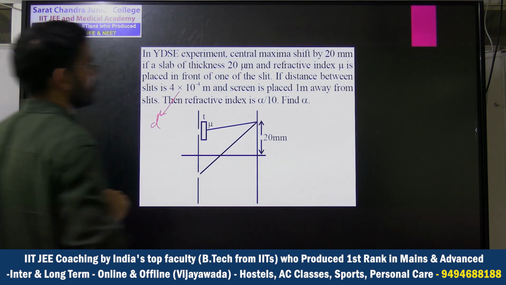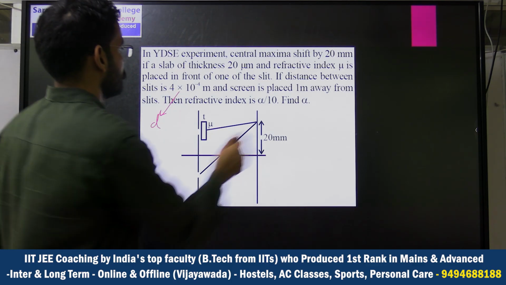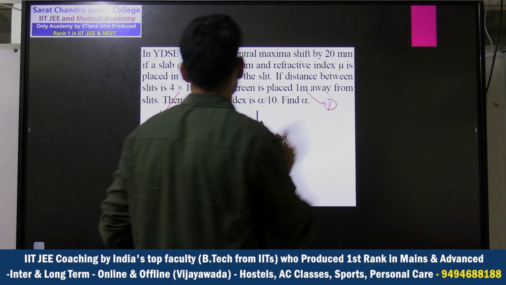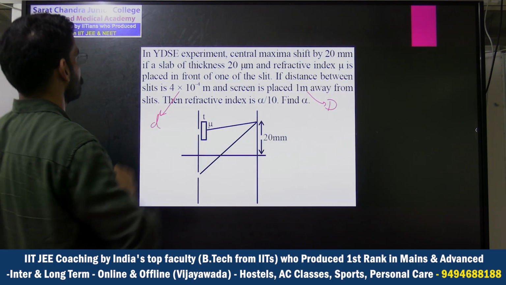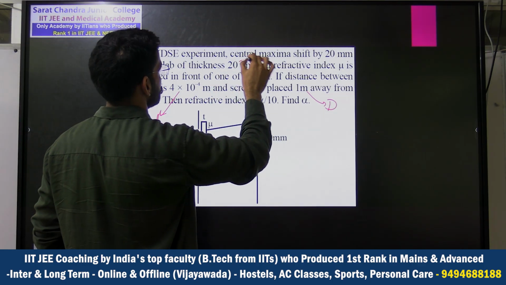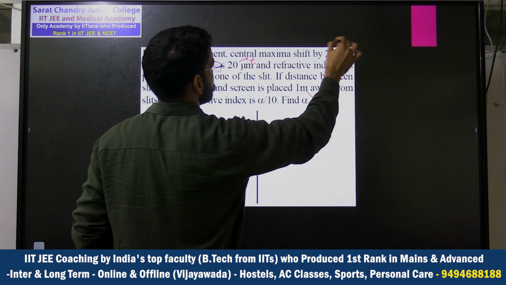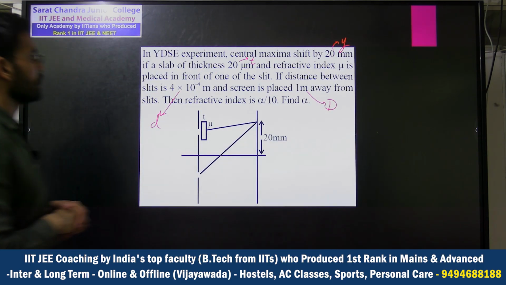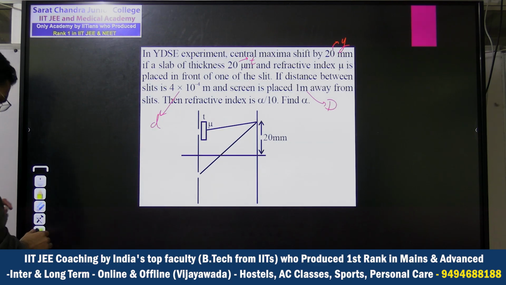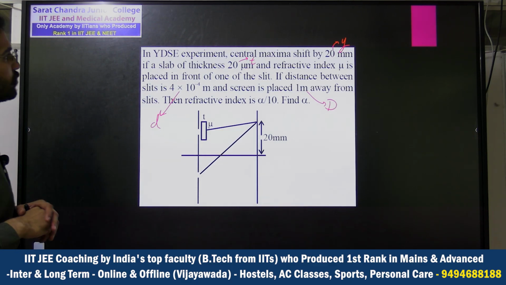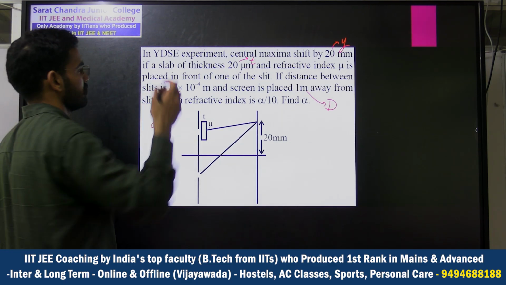The screen is placed 1 meter away, this is capital D given, and the refractive index is asked. The slab thickness is t given here, and this is the y which is given. Now I will not use the formula; try to understand, because in wave optics many people have problems with what they should do.